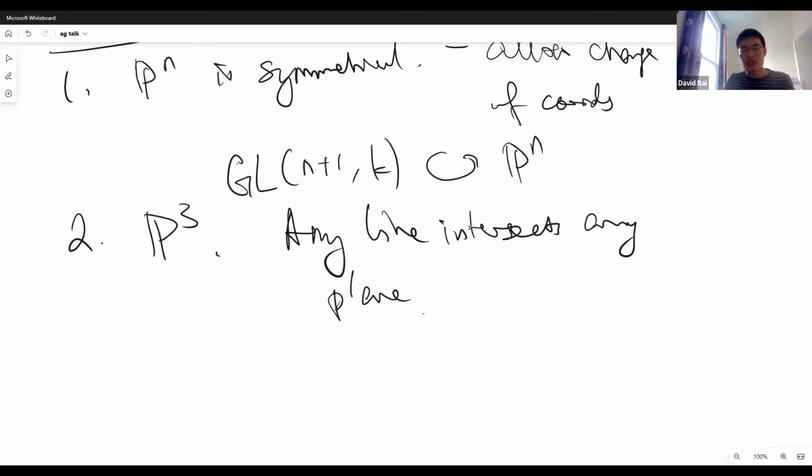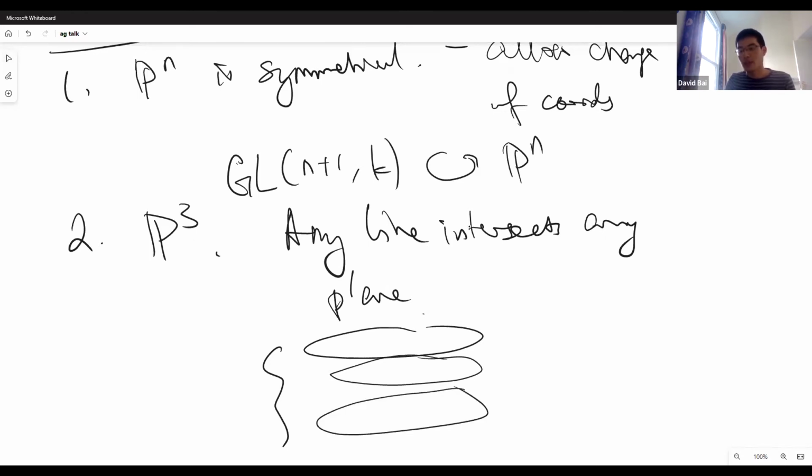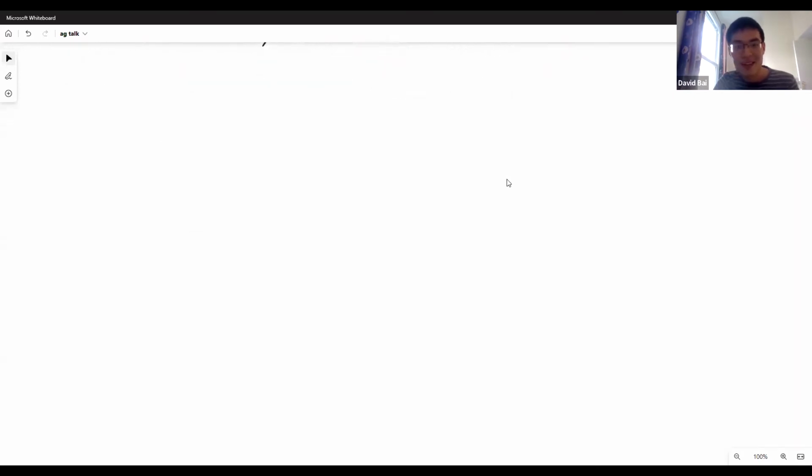So a line says that you have 2 linear forms in 4 variables, and a plane says that you have 1 more linear form in 4 variables. And these are 3 equations in 4 variables, so certainly they have a non-zero solution, and that's why they have an intersection. You can very easily formalize this, but I don't have time to do that because we want to talk about this theorem.